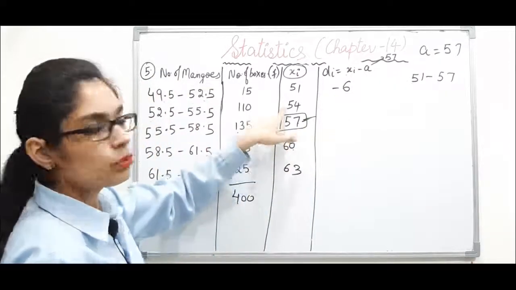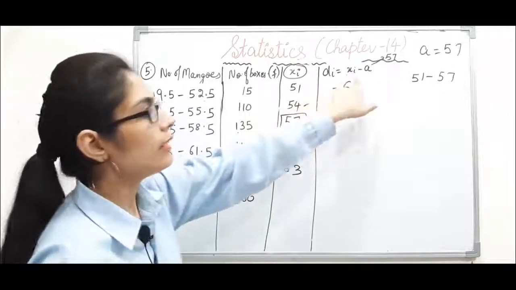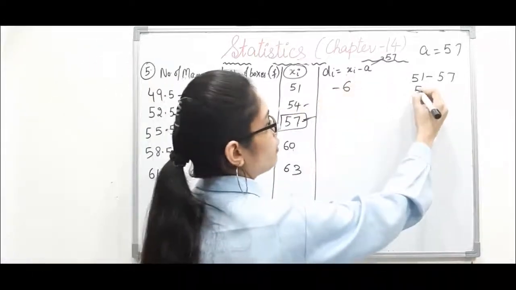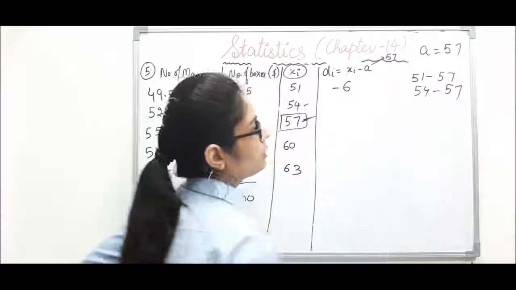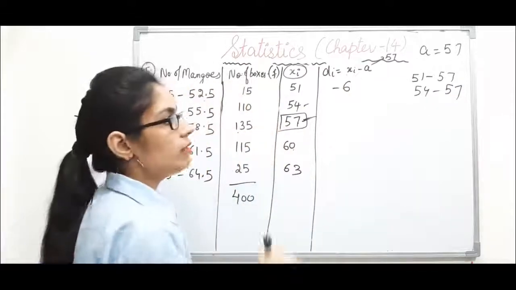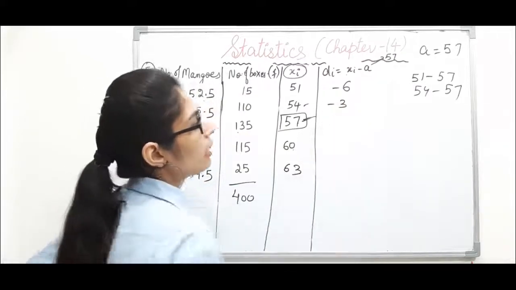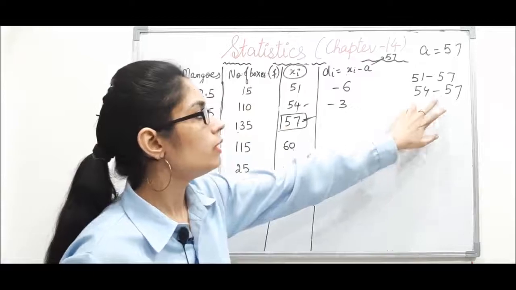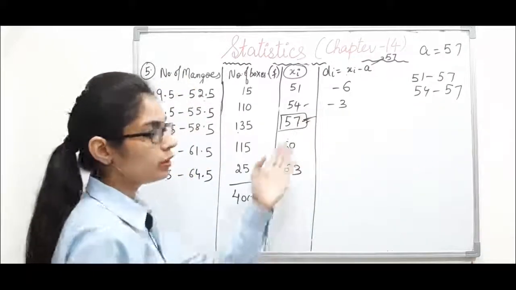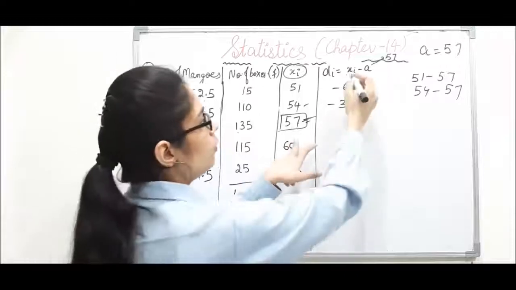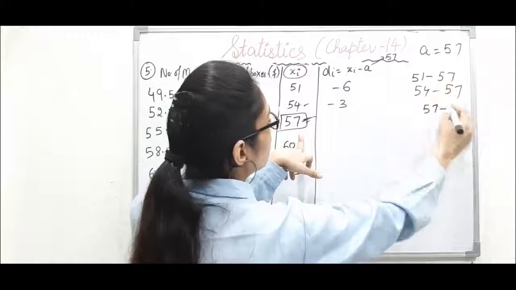Now we have to do the same thing with this. 54, which is my xi, now it will be 54 minus the assumed mean, which is 57. In the same way, 57 minus 54 will be 3 with the minus sign, because the sign of the bigger number, minus plus is minus. Now for this one also we have to do it. Here xi is 57 and A is also 57.